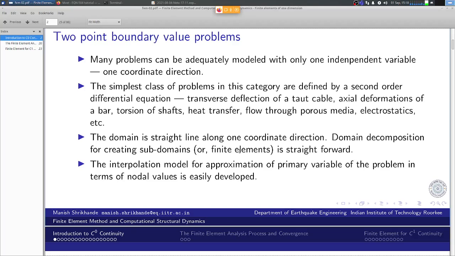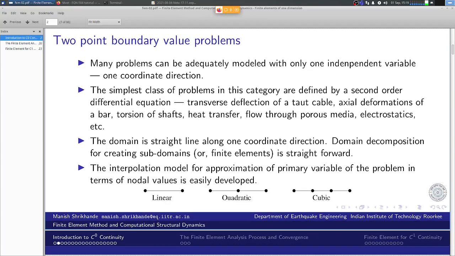So interpolation in one dimension is very simple, as we have already seen, at least in principle. Numerical computation, maybe there are different forms and different ways. I mean, some computation may be efficient, some computations may be more cumbersome. But essentially, the development of interpolation model itself poses no difficulties as far as one-dimensional interpolation is concerned.